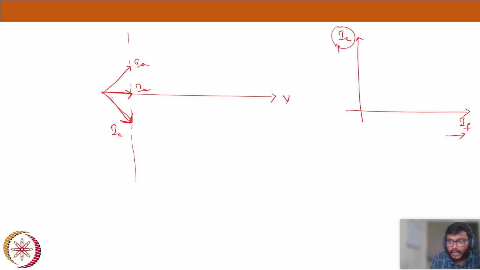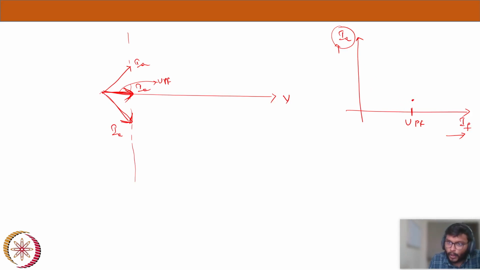Now see, the length is minimum here, right? Always this is minimum, and all the other values of Ia would be greater than this Ia. So Ia would be minimum. The length of Ia would be minimum at what power factor? This is at unity power factor, we just discussed. So let's say this is the unity power factor point. Here you would have the minimum Ia.